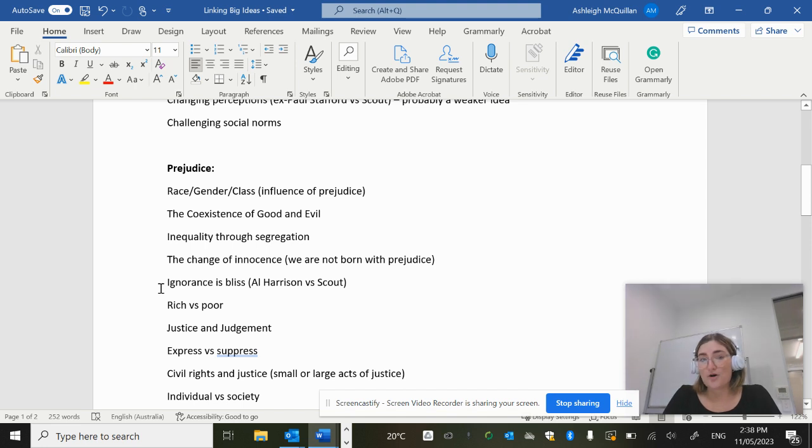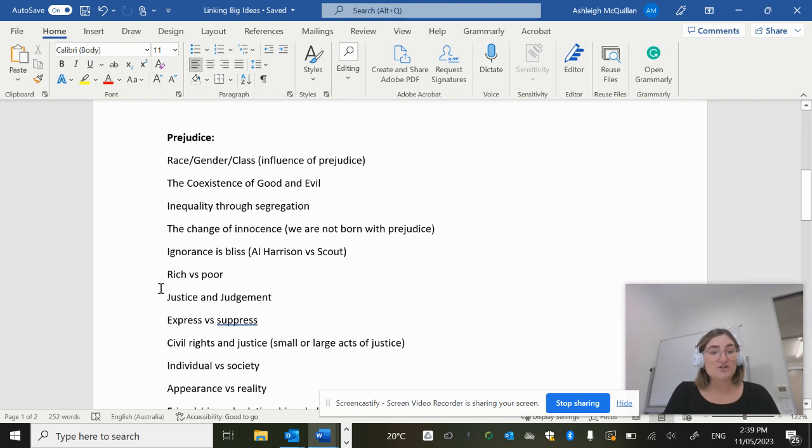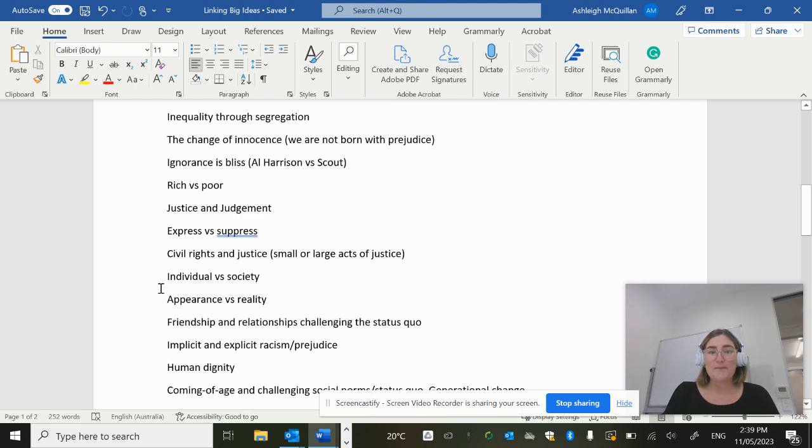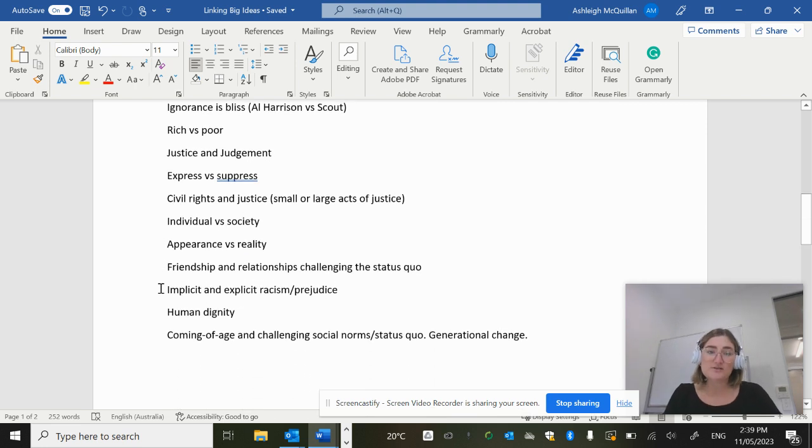You could talk about the role of class if you wanted to just do class instead, and how that makes a difference to the way that people operate in their society. You could talk about justice and judgment, individual versus society, the impact of friendships on prejudice on friendships, human dignity, social norms, wherever you want to go with it.